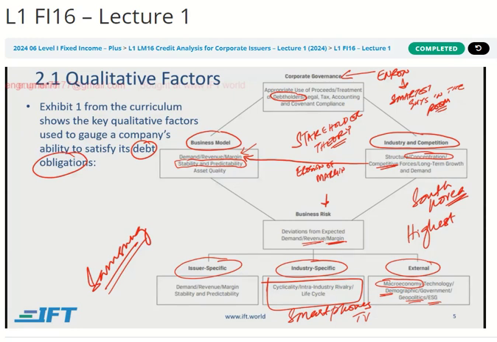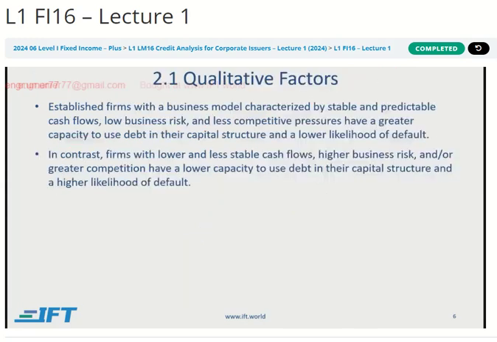And then, of course, we can get into the specific matters regarding the company itself, what we call idiosyncratic, or issuer specific factors, what's going on with that company. All three of these come together to make your business risk.